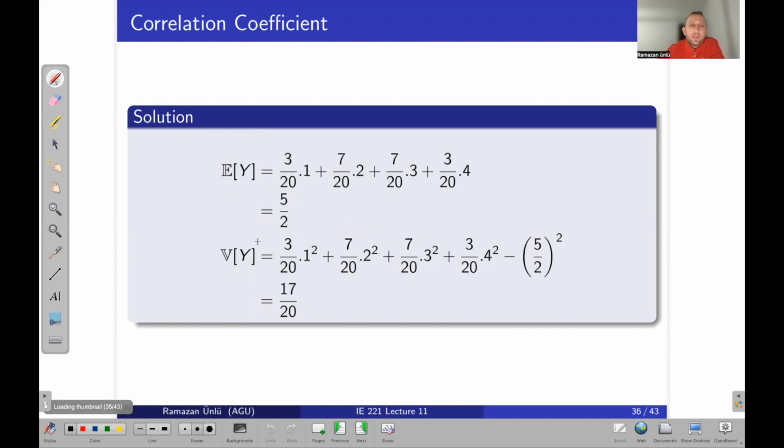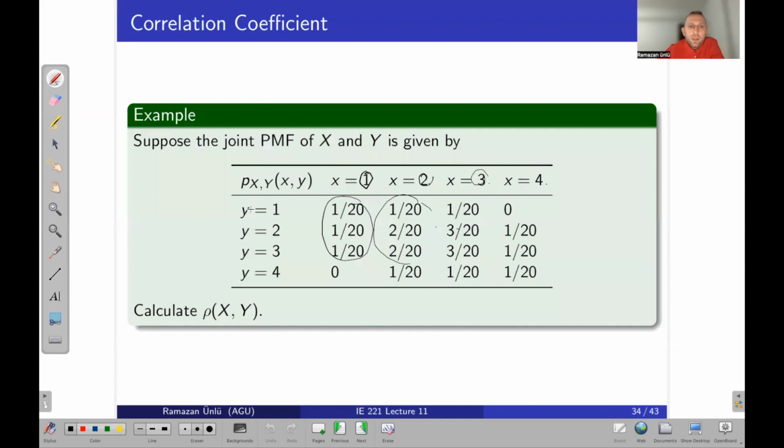Now let's calculate the expected value of y and the variance of y. So again, from the table, to calculate the expected value of y, the first value y will take is 1, and the corresponding probability is the sum of these 4. And the second one, y can take 2, and the corresponding probability is the summation of these. Okay, so the logic is the same.